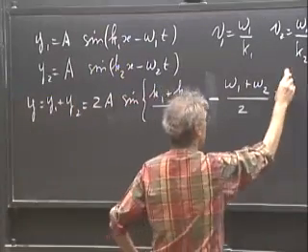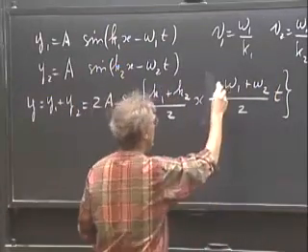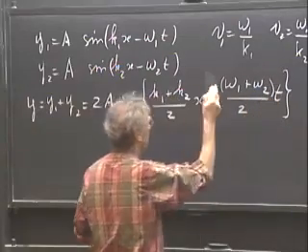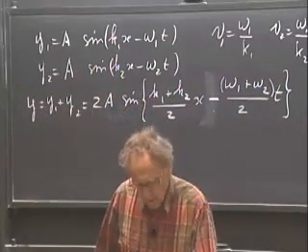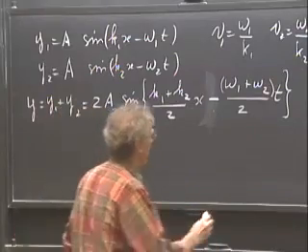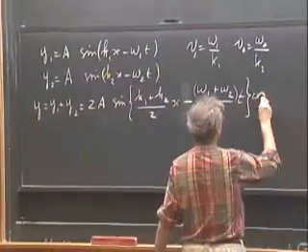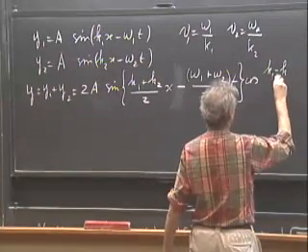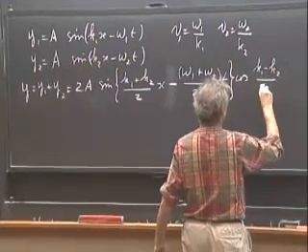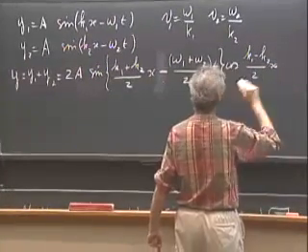So that is the sine of half the sum. I should put brackets here so that the minus sign holds for here and for there. And I have to multiply by the cosine of half the difference. So I get (k1 minus k2) divided by 2 times x.